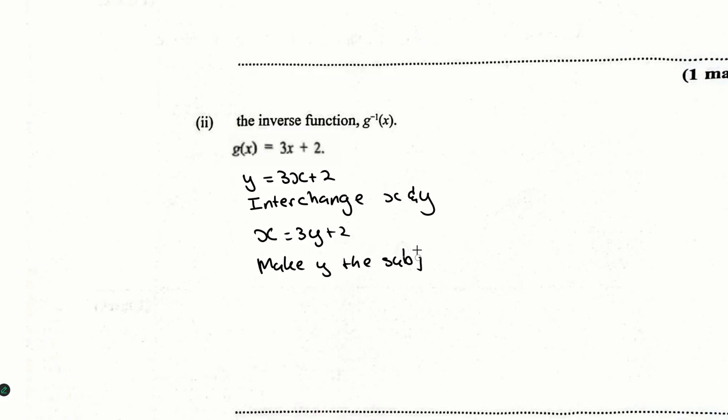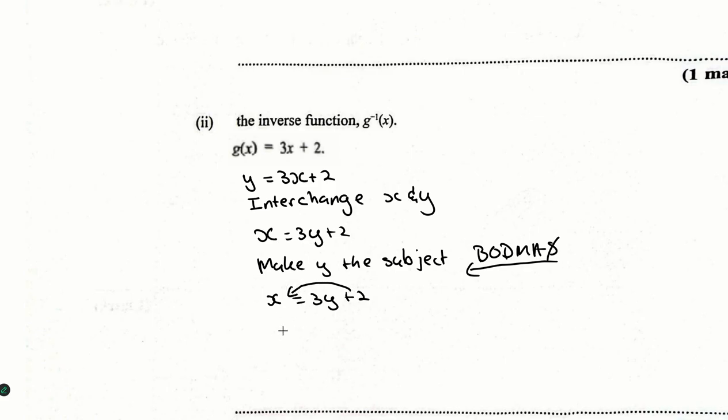Now, typically when we're making something the subject, we go backwards from BODMAS, right? So we ask ourselves, is there subtraction? No. So there's no subtraction to carry across first. Is there addition? Yes. So we're going to carry across plus 2.